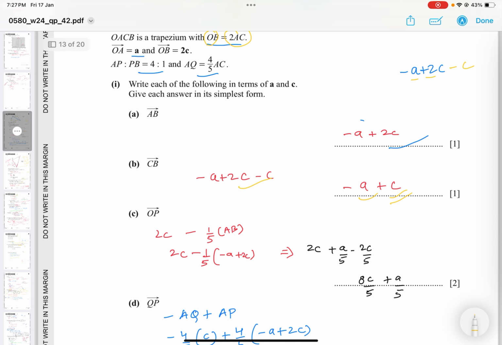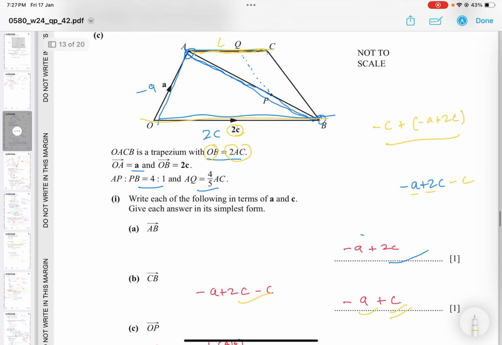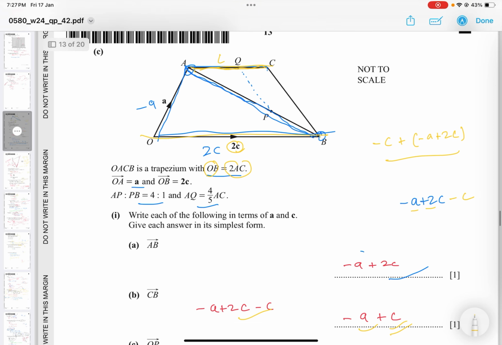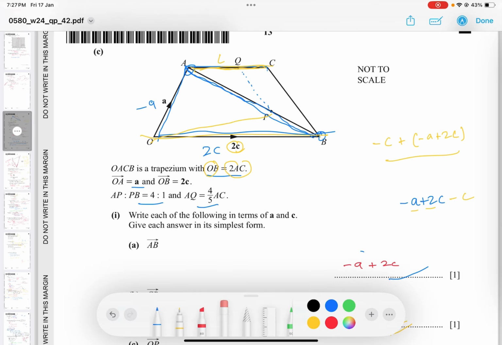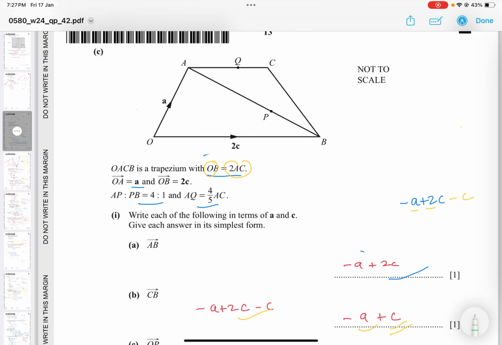Now we have to find the value of OP. So OP would be O to P. Let me erase this one for you. Now we will go from O to P. Let me change the color as well. Let me take green. OP we need, so it would be 2C.